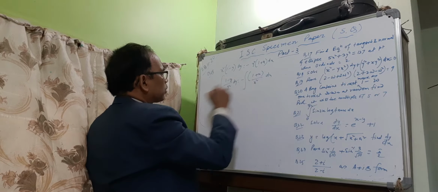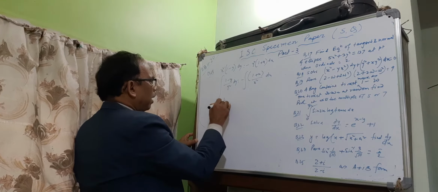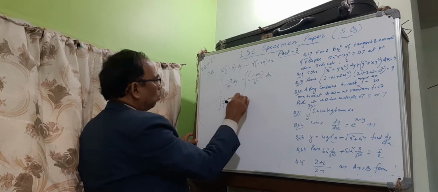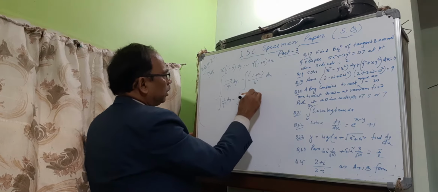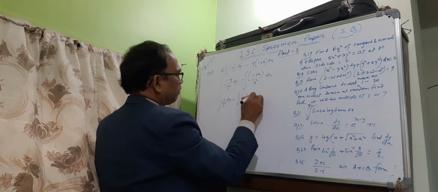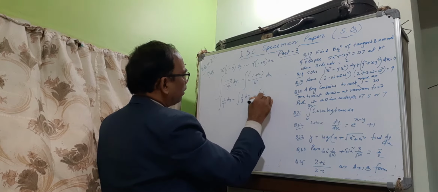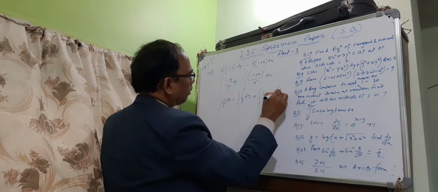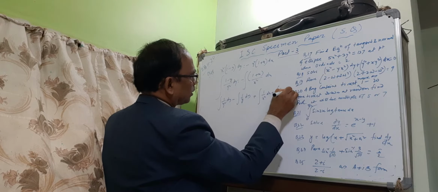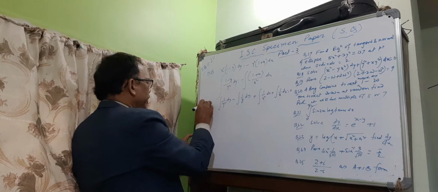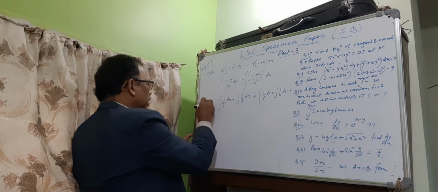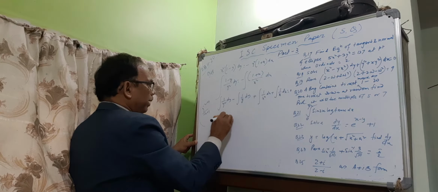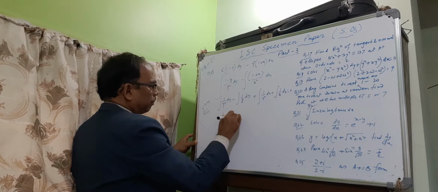Now integrating both sides, that is 1 by y square dy minus 1 by y dy, we can take to the left side, plus 1 by x square dx plus 1 by x dx equals 0. That is y to the power minus 2, integration gives y to the power minus 2 plus 1 over minus 2 plus 1, that is minus 1 by y, and this is log y.